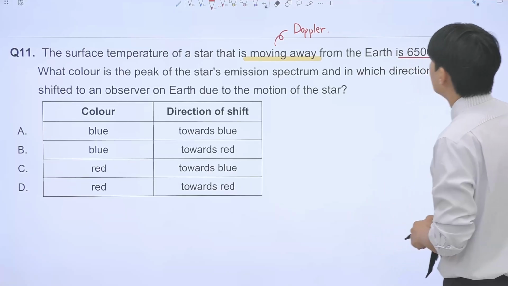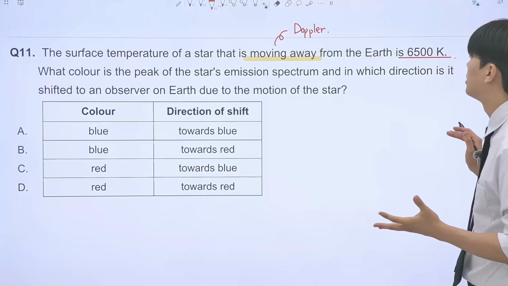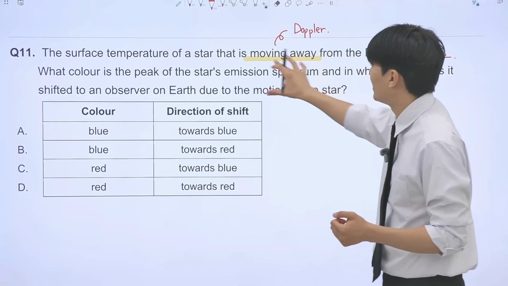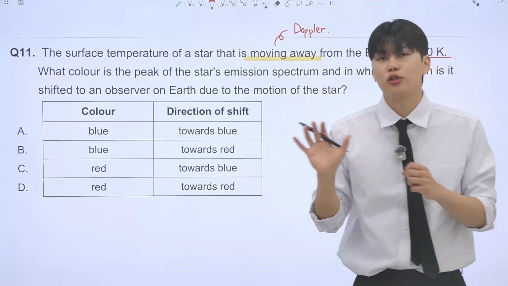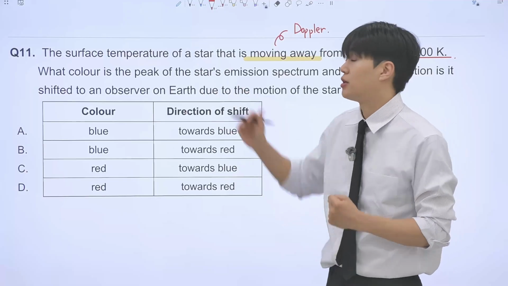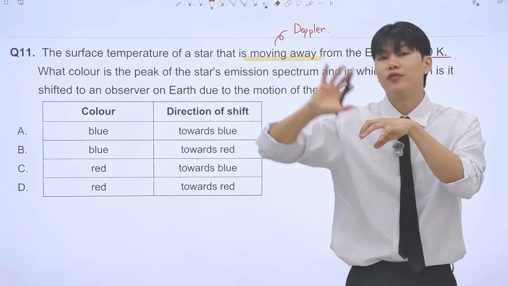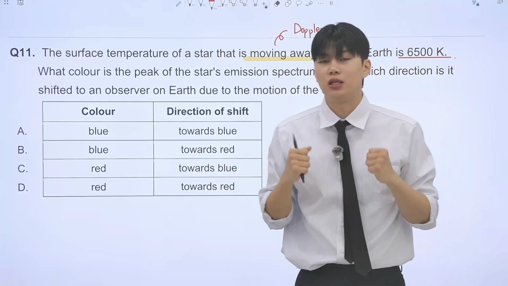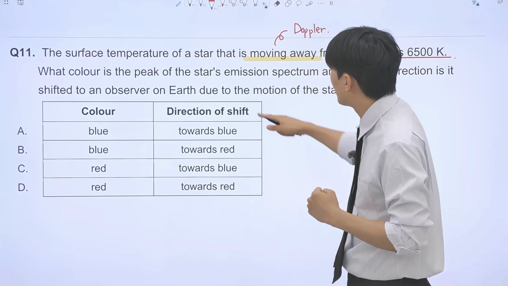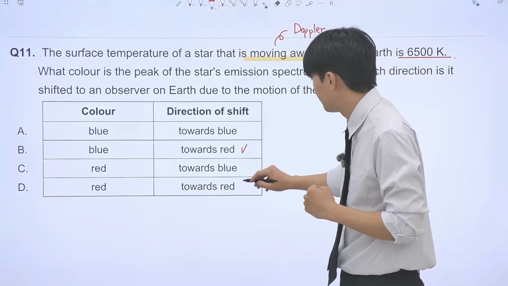If you think about when it's moving away, which 99% of galaxies do, and this star does as well, when it moves away from the Earth, we always see the red shift, right? So the direction of the shift must be towards the red.